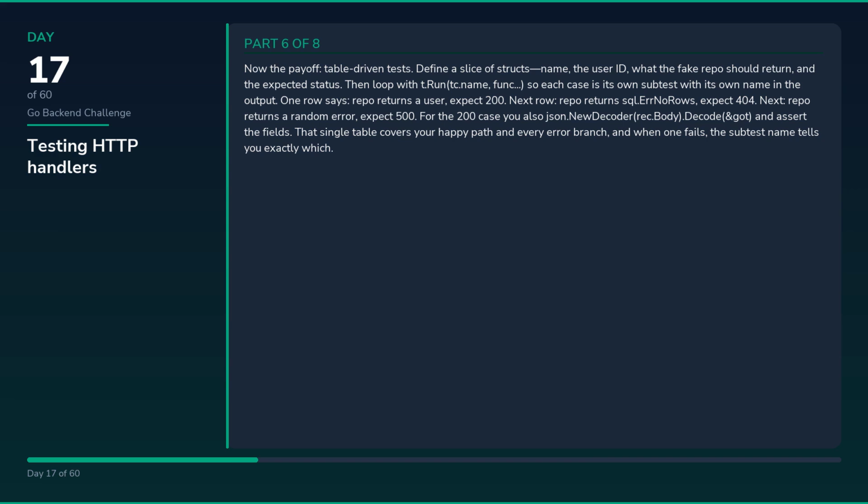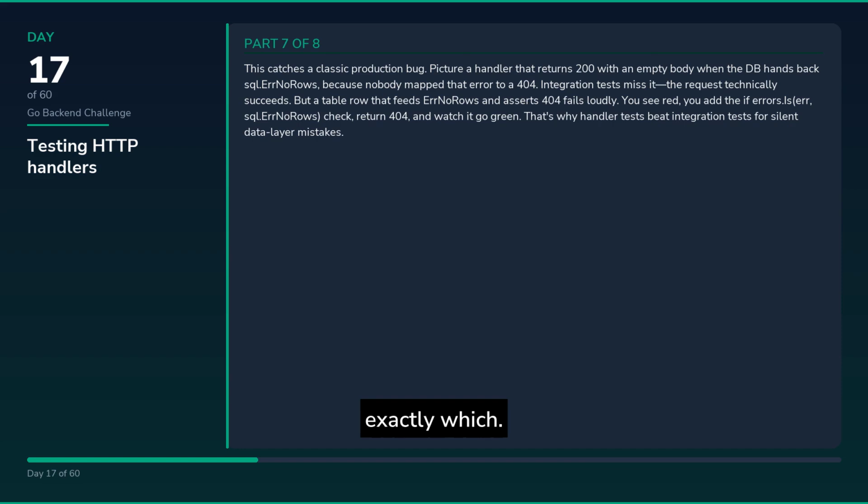Next row, repo returns sql.ErrNoRows, expect 404. Next, repo returns a random error, expect 500. For the 200 case, you also json.NewDecoder(rec.Body).Decode(&got) and assert the fields. That single table covers your happy path and every error branch, and when one fails, the subtest name tells you exactly which.